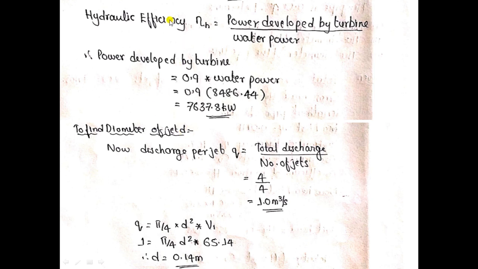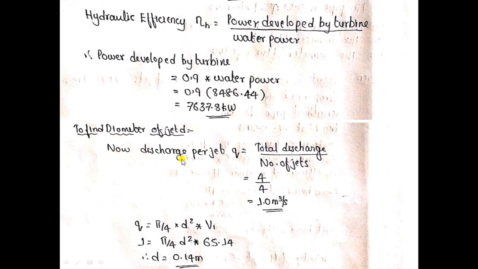Now the efficiency is the ratio of power developed by the turbine to the water power, therefore the power developed by the turbine is 0.9 times the water power, which is 7637.8 kilowatts.